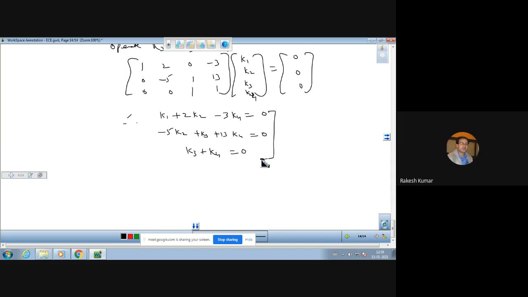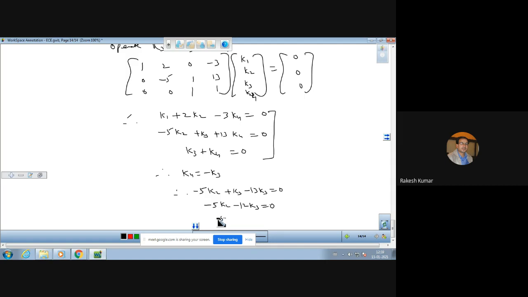In this system of equations, from the third equation we can easily find out K4 as minus K3, and we can use this value here also. So from this equation minus 5 K2 plus K3 plus 13 K4 will be minus 13 K3 is 0. And what it comes out to be, minus 5 K2 minus 12 K3 is 0.